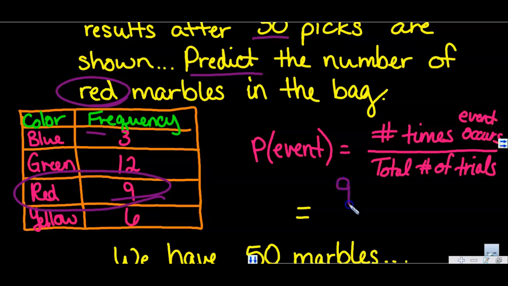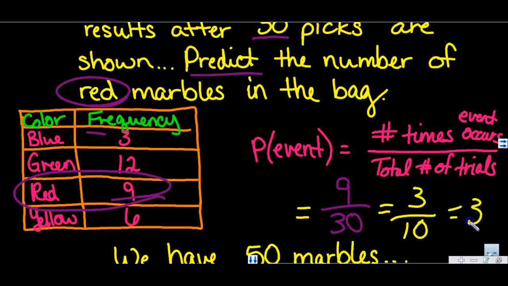The probability of picking a red: we picked it 9 times out of 30. Once we reduce that, we get 3/10, which is also equal to 30% probability. But now we have 50 marbles in the bag. We know we have 50 marbles. So can we guess how many red marbles there are? And the answer is yeah, sure, why not?